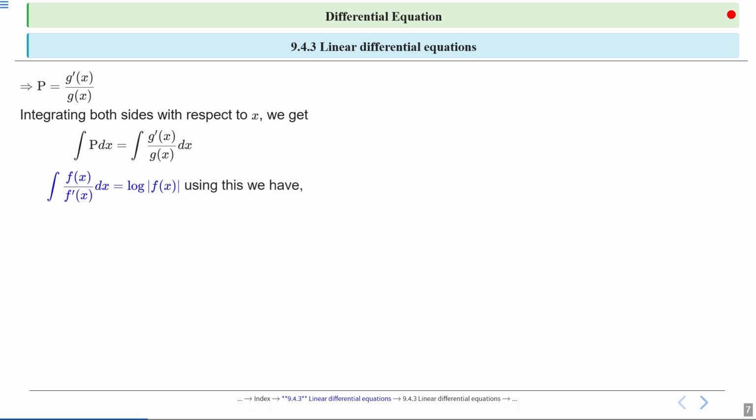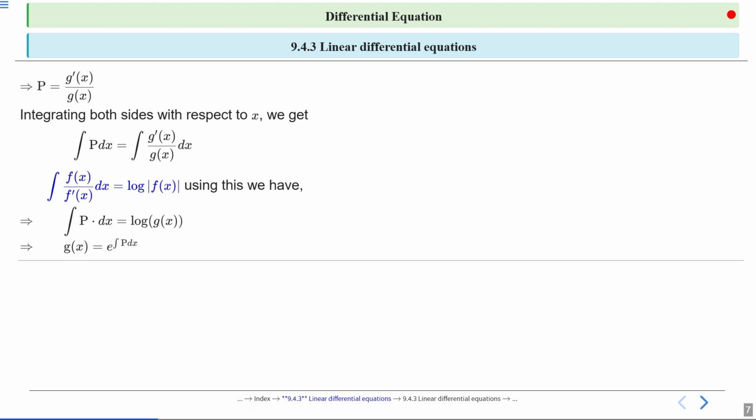And we have a property formula for integration, that is, the integration of f'(x) by f(x) dx is equal to log mod f(x). So using this we have the integration of p dx is equal to log g(x). So g(x) is equal to e to the power integral of p dx.